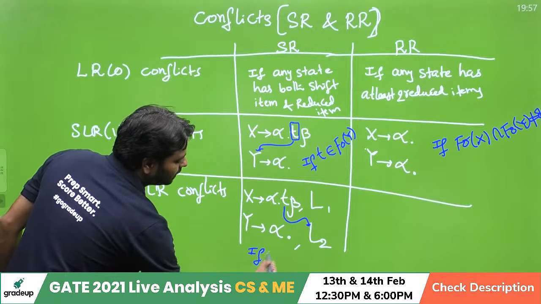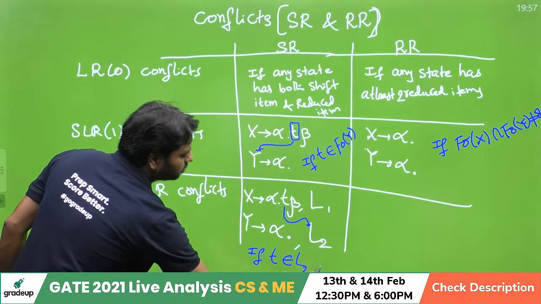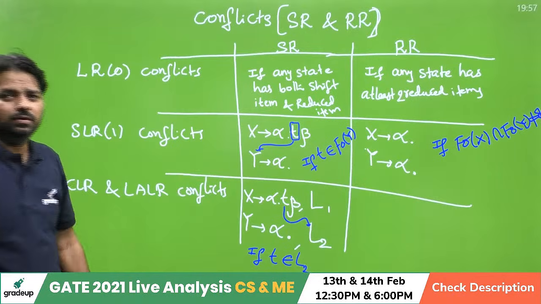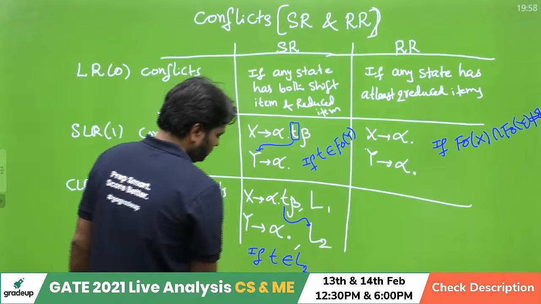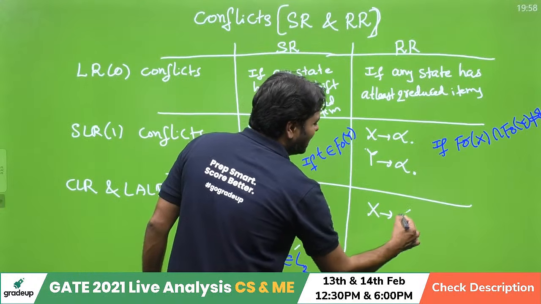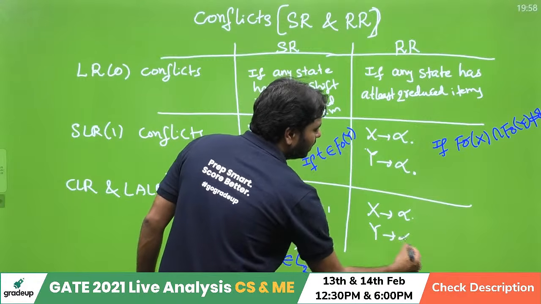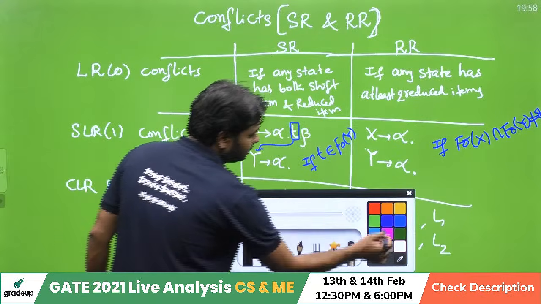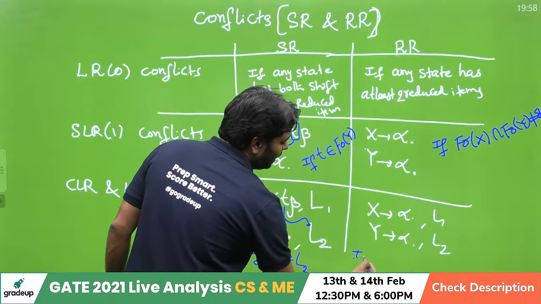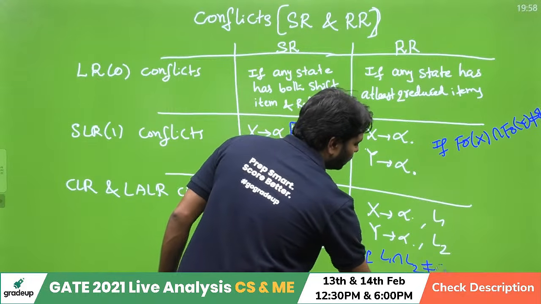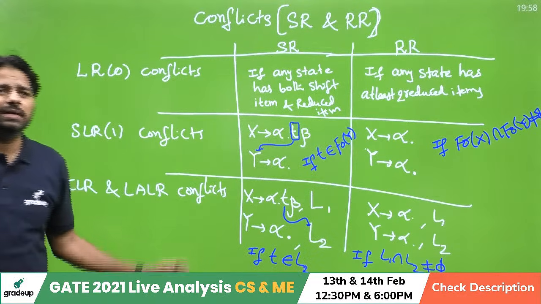If T belongs to L2, then it is a conflict. X2 alpha dot, Y2 alpha dot, but there is L1, there is L2. How do you check it? Quickly guys, don't go away. After this we again have theoretical points. L1 intersection L2 not equal to phi. Remember this table, guys.